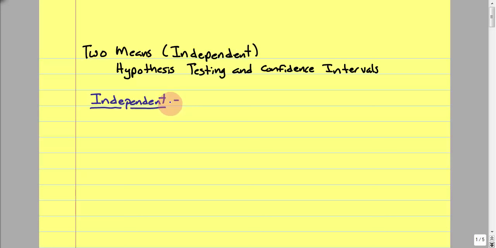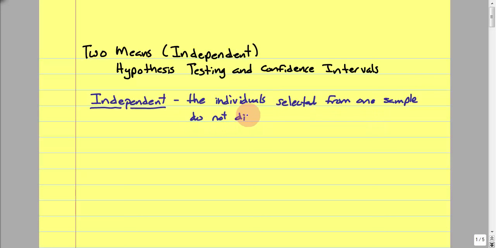So in this case, independent means the individuals collected from one sample do not dictate or have any influence on which individuals are selected from the next sample. So that's the definition of independence that we'll be using.